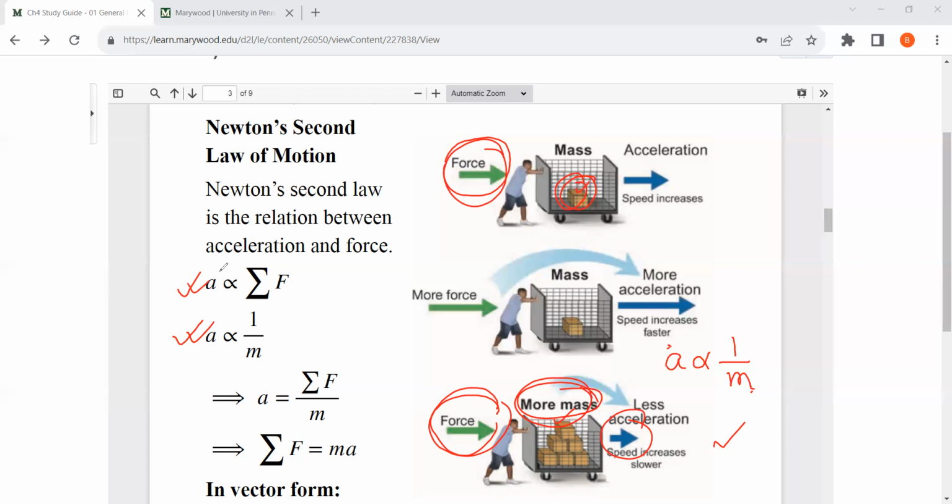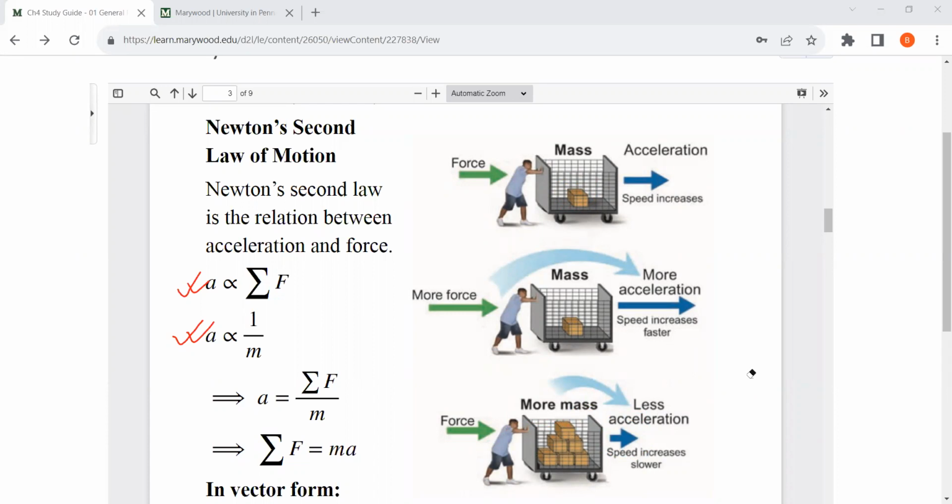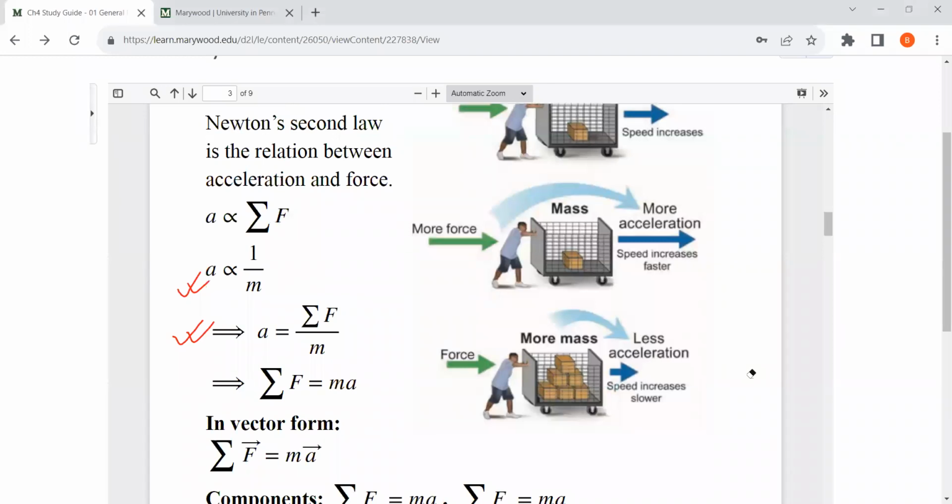Now if we understand these two things, let's combine them to get one relation. If we combine these two, we get something like this: a is equal to F over m. This is our relation.